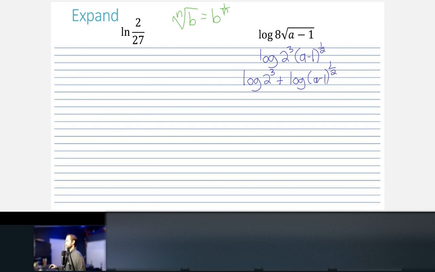All right. Now what can we do? Yeah, now we move the exponents. And we can see here, see how this 1/2 exponent is on the entire quantity? So it's log of the entire quantity to the 1/2 power. In this scenario, yes, we are allowed to move the 1/2 in front of this log.